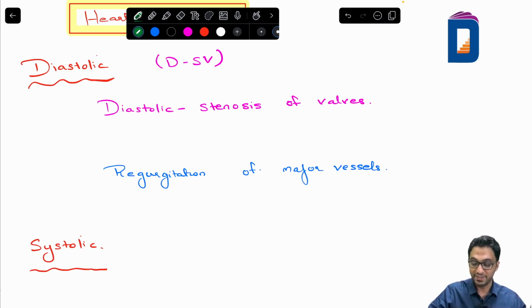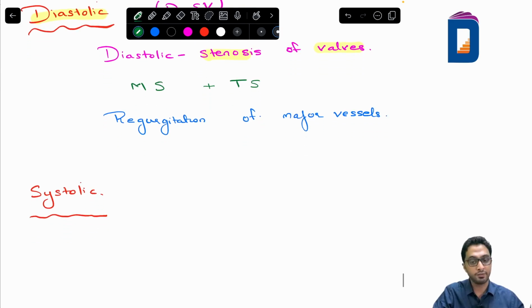The first condition is diastolic murmurs in the stenosis of the valves. So there are two stenoses: the second letter is stenosis, and the first letter is valves. So it is mitral stenosis and tricuspid stenosis, two valves. Very simple.